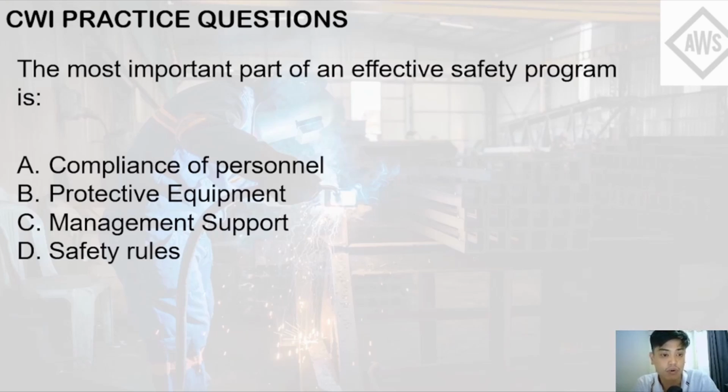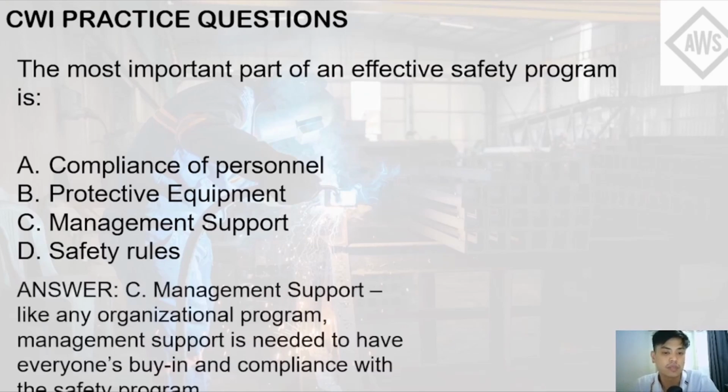So the answer here is letter C, management support. Unlike any organizational program, management support is needed for everyone's buy-in and compliance with the safety program. It needs to start from the top, basically.